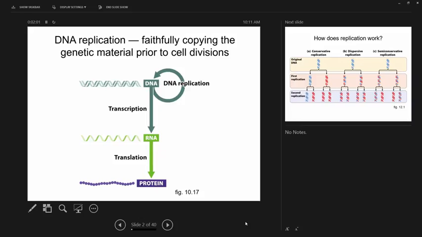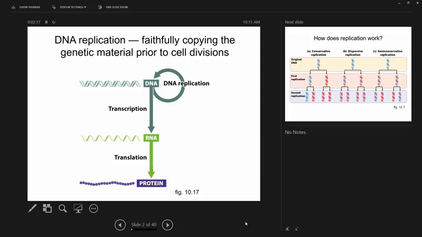So now we're going to do DNA replication. So you have to be able to take one double-stranded DNA molecule and make 2 double-stranded DNA molecules out of that. So you're copying from 1 strand to 2.